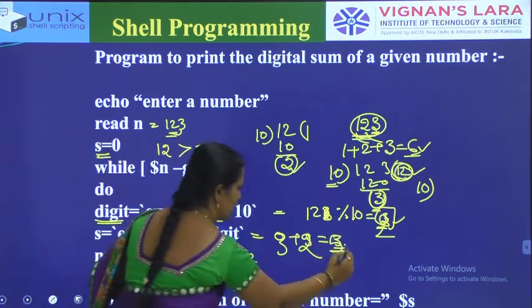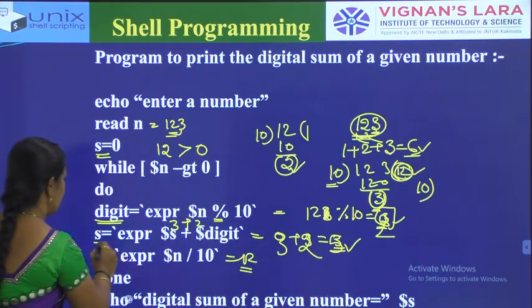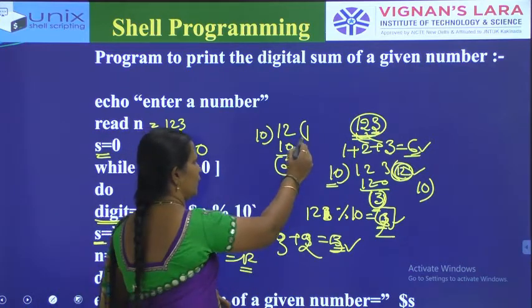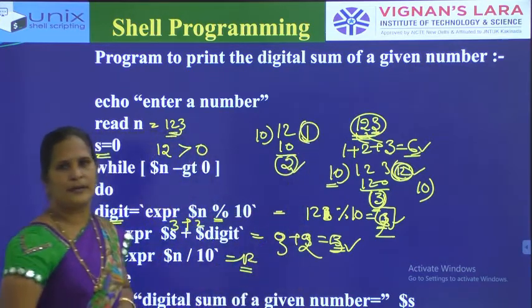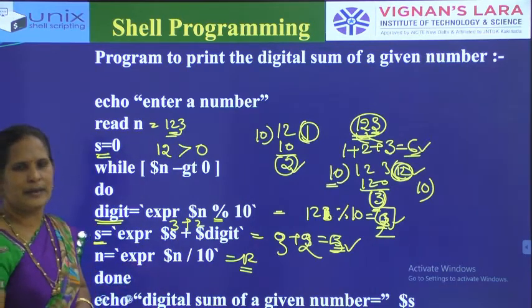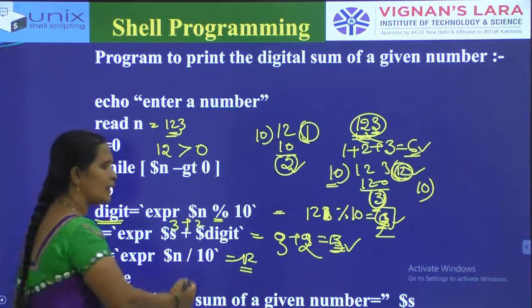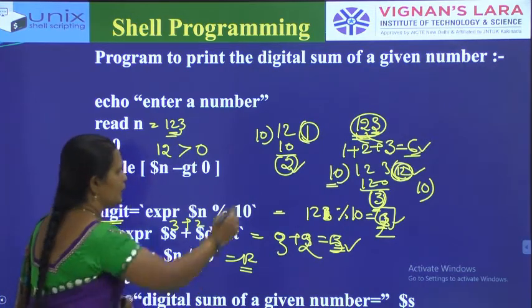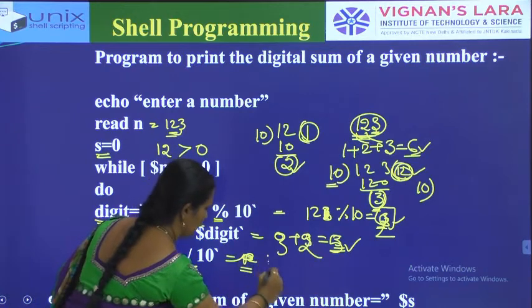This 5 is stored in the s variable. Next, in order to get 1, we have to get the quotient. n is equal to expr $n slash 10. Now you will get the quotient 1.